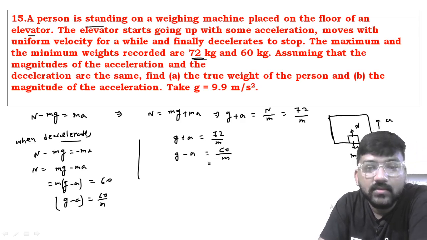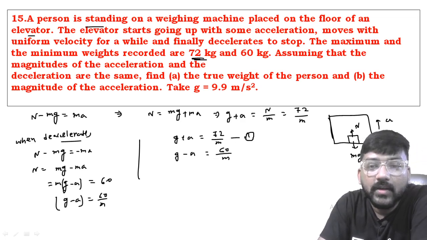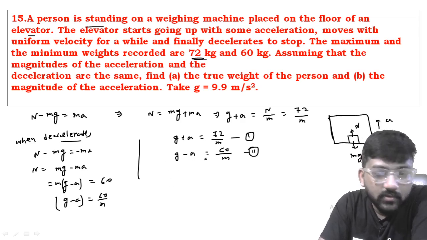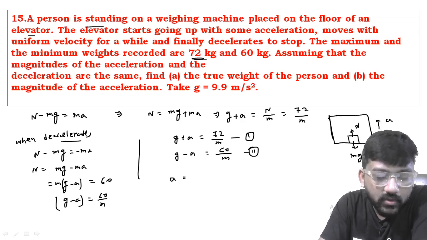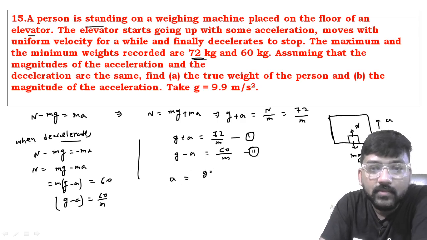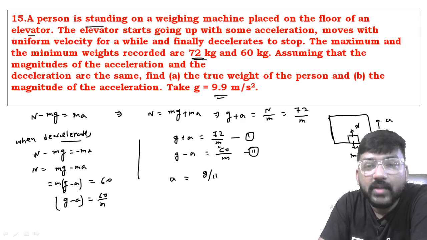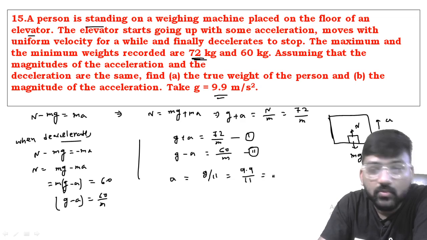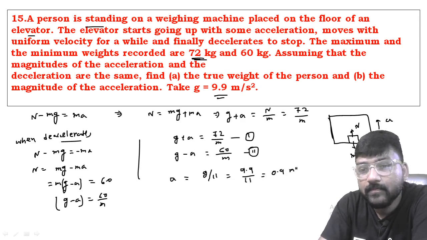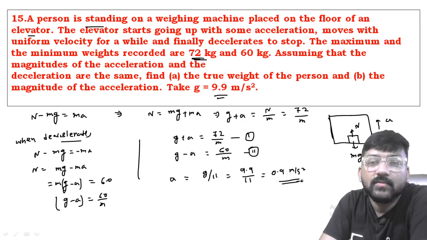By solving 1 and 2, you will get a, and I am going to give you the result. You should solve these two equations, and you will get a is equal to g upon 11, and here g is 9.9, so 9.9 by 11 will be just 0.9 meter per second square. This is your acceleration.